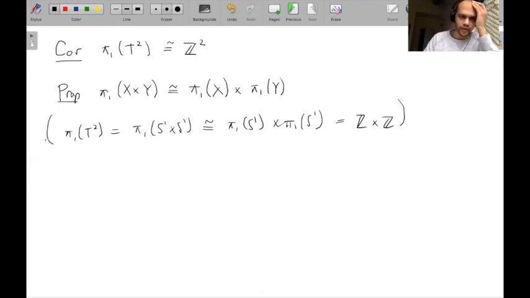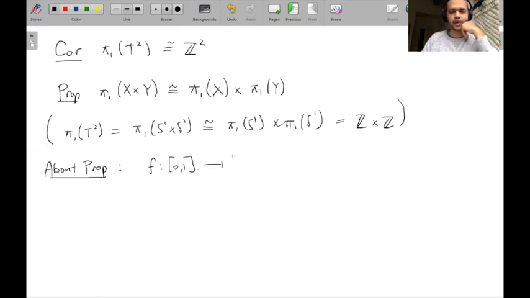Right, so for the proposition, I am not going to prove it. You can read it in Armstrong if you like, but let me just explain why it's true or tell you the setup, and then you can fill in the details or read it in Armstrong.